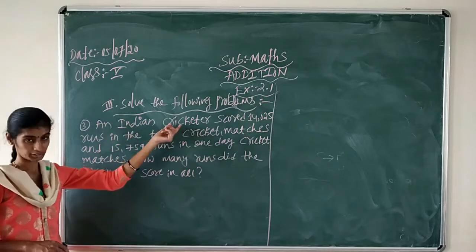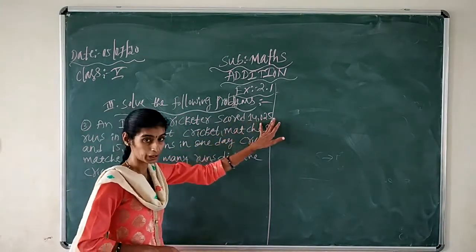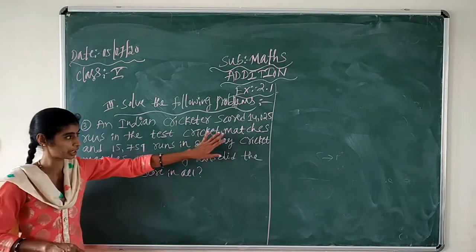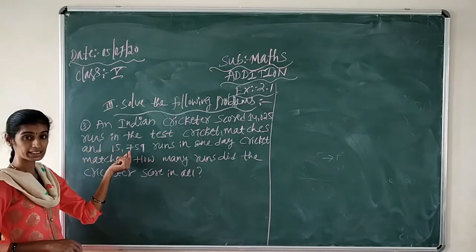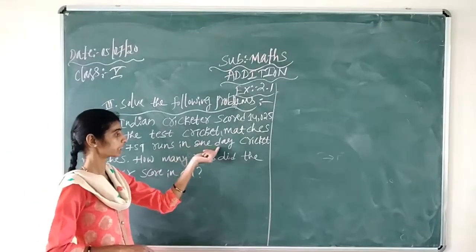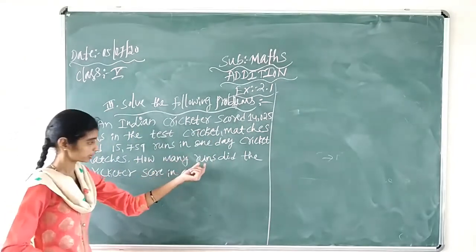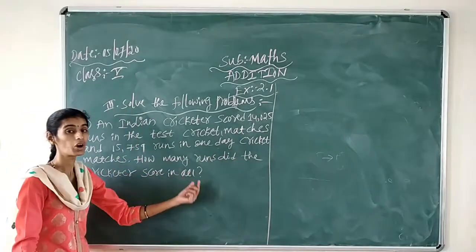An Indian cricketer scored 40,025 runs in test cricket matches and 15,759 runs in one-day cricket matches. How many runs did the cricketer score in all?